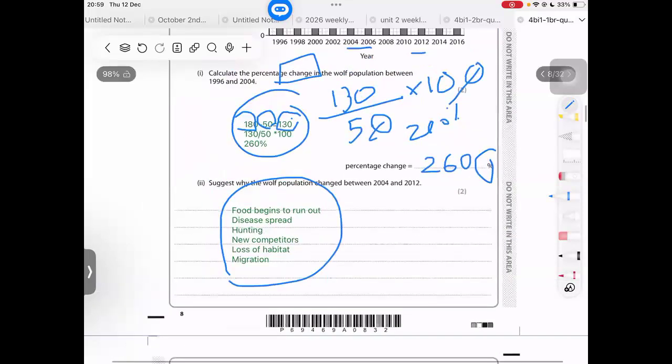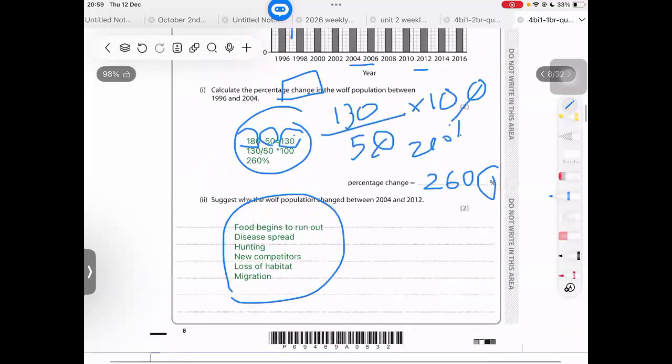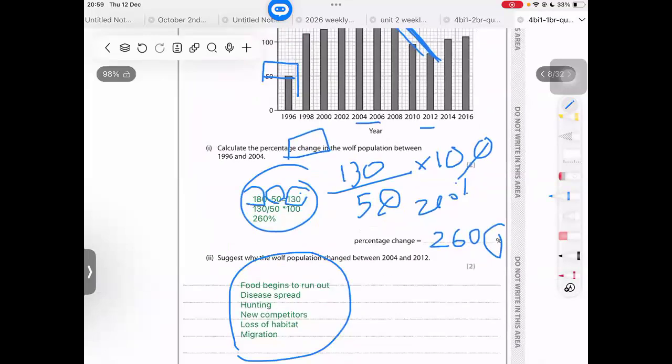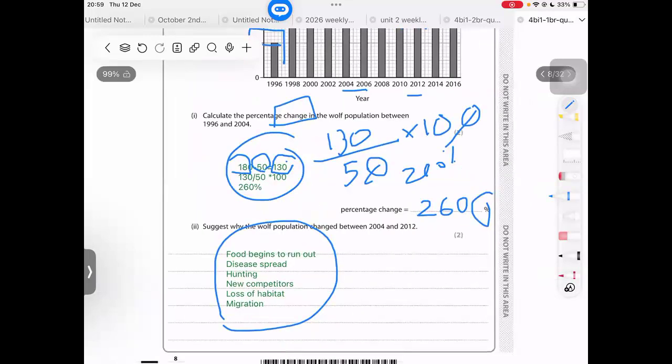The wolf population might have decreased because their food might have run out. Due to a disease or something, all their prey might have been killed. As a result, their food ran out, and because of that the wolf population decreased. That could be one particular answer. Not just that, one wolf might have got a disease, and that disease might have spread throughout the population.